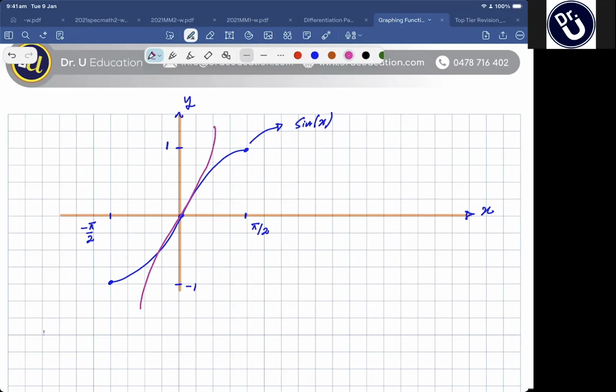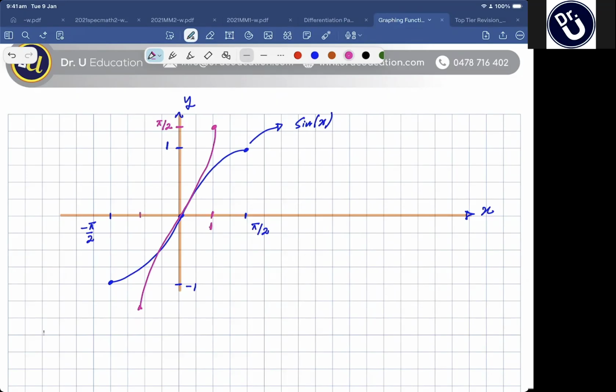Something like this. Okay. So I'll show you the proper thing in a minute. So there, this would be pi divided by 2. This should be 1.